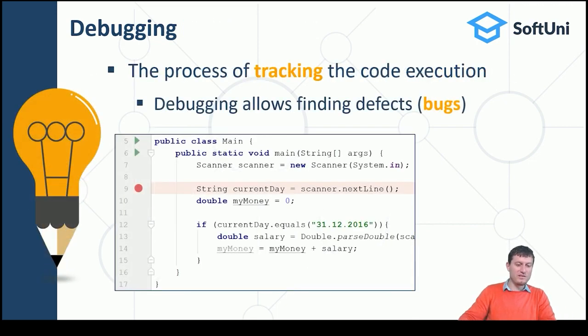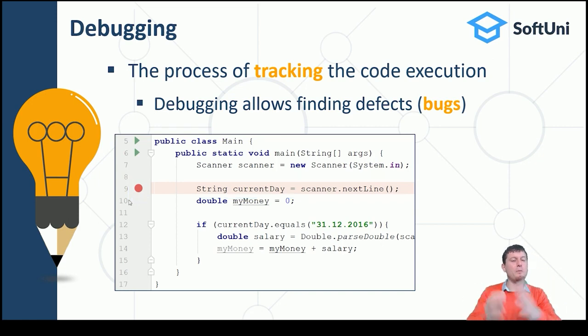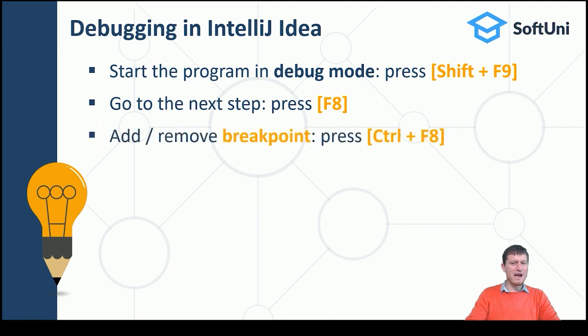It uses a thing called a breakpoint. This is called a breakpoint, this one, and it's a stopper, a place where the program should stop. We can add a breakpoint using Control F8.